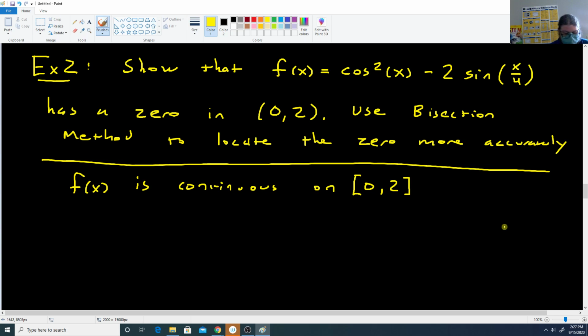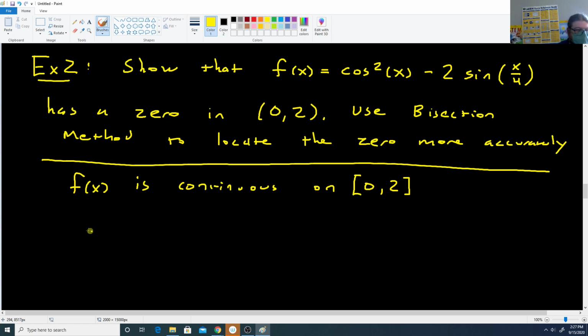Make sure, if you're doing this, that you're in radian mode so your trig functions are in terms of radians. I'm going to load this function into my calculator as cosine of x squared minus 2 sine of x over 4, because that makes it a lot easier to figure out the y values.